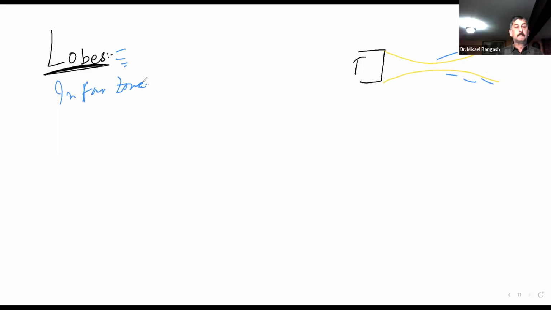Is that clear? Now, guys, for instance, if this here was your image, how would you be able to say what is going to be your far zone in your image?